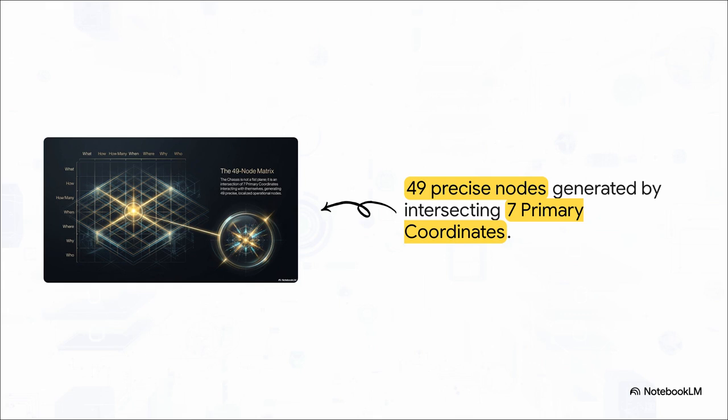The system takes 7 primary coordinates: what, how many, when, where, why, and who, and literally intersects them with themselves. So a specific node might be what intersecting with how, or when crossing over with where. By overlapping these 7 coordinates, the architecture generates exactly 49 localized, highly precise operational nodes. This right here is the chassis where reality gets processed.